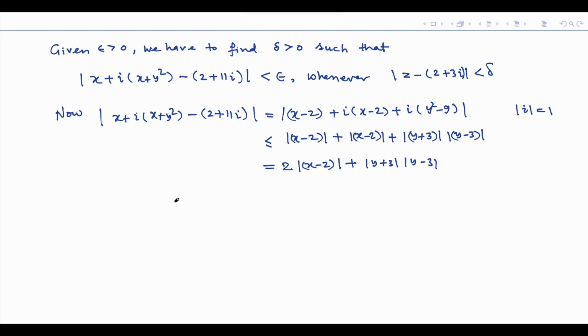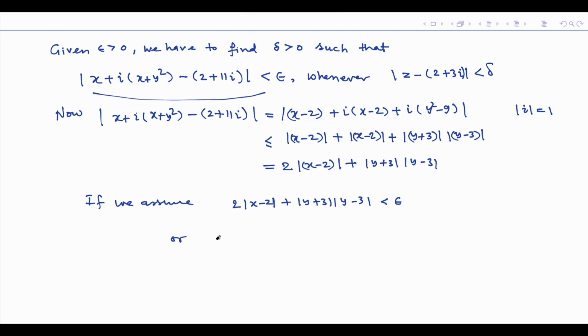Then this term is going to satisfy less than epsilon, right, if we assume 2 times of x minus 2 plus y plus 3 and y minus 3, this term is less than epsilon, right?